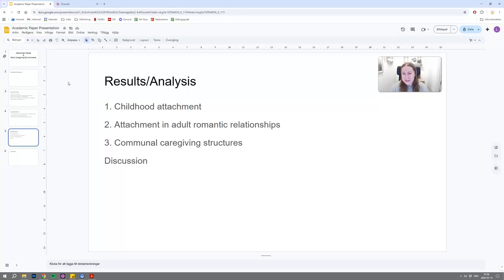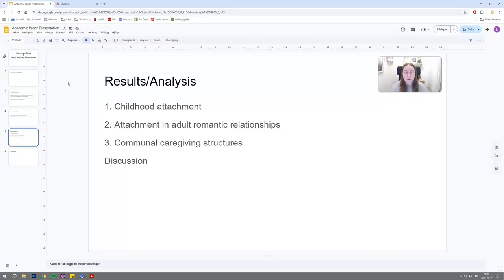And then the results. So to begin with, the childhood attachment. So the works of John Bowlby and Ainsworth and Bell showed that there are three main attachment styles.